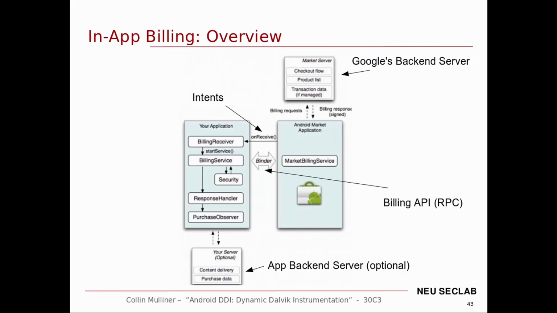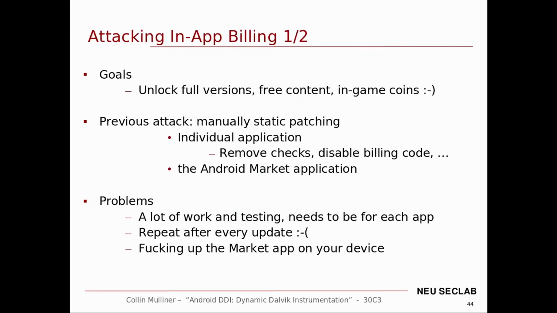Now you get your thing in the application. And then you have a bunch of extra stuff. Some applications will use a backend server, and they actually should use a backend server, as you will see in a second. So the goal was, hey, can we trick this payment thing to actually get free content, unlock full versions, get some coins?